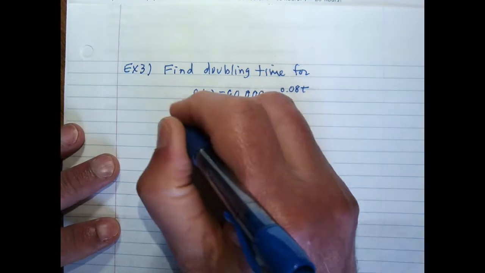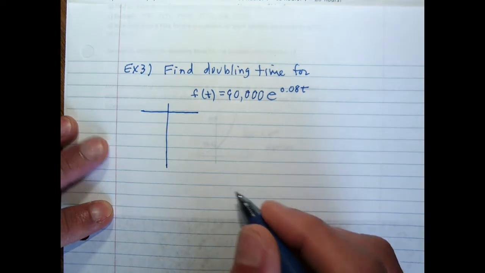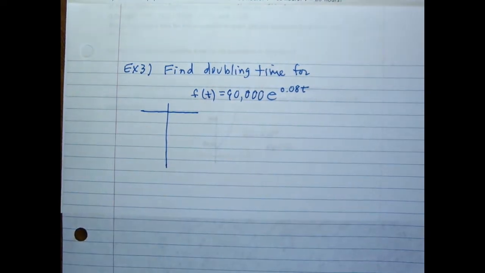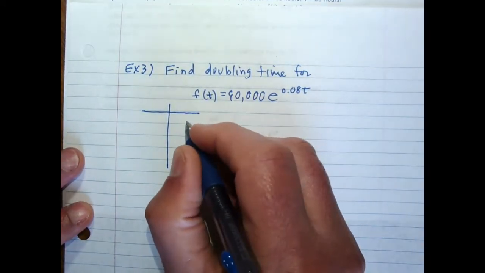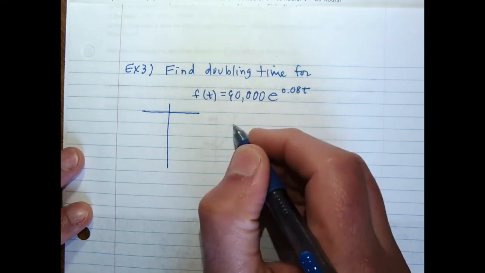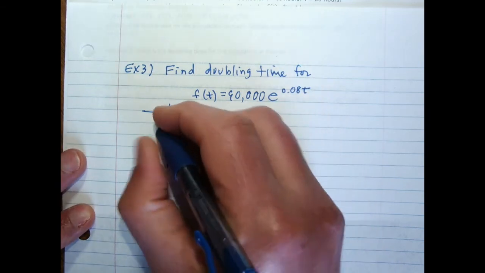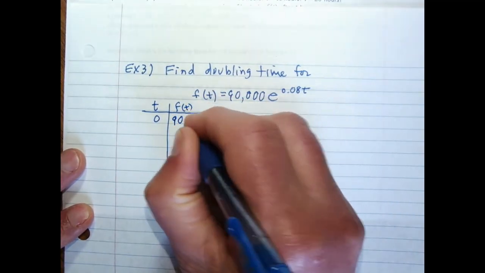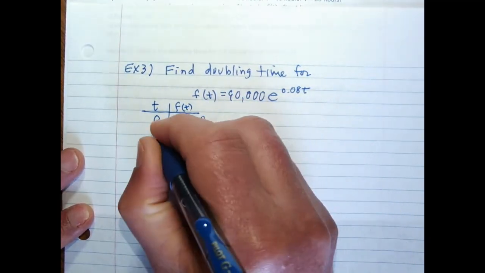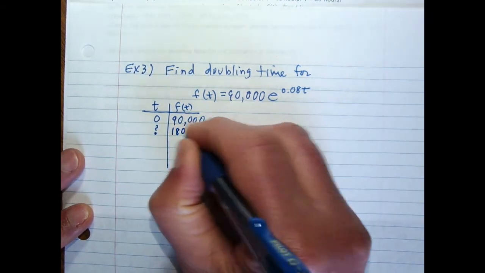To find that doubling time, we can pick any two points where we see the population doubling. So we know at t equals 0, the population is 90,000. What we want to know is at what time the population is going to be double that, 180,000.